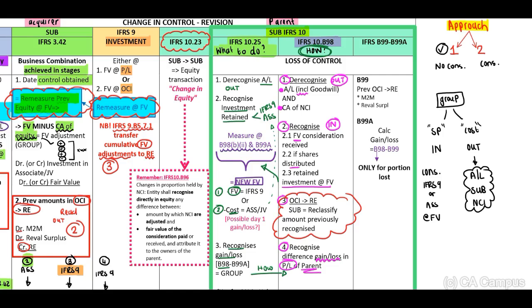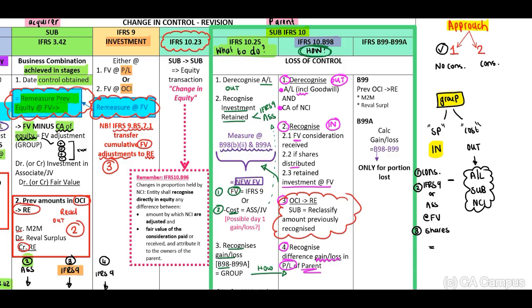On the right side, in terms of your group, you will have to include the consideration received, the remaining portion, plus if there are any shares issued. And then you will have to take out, therefore minus, assets, liabilities, NCI.